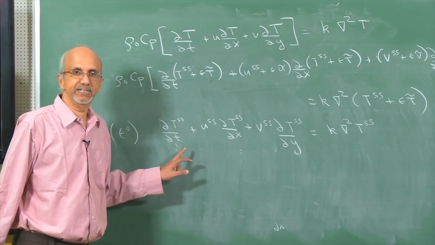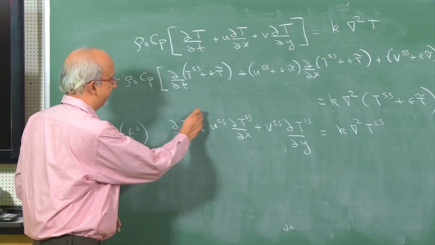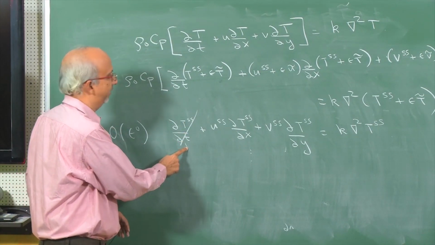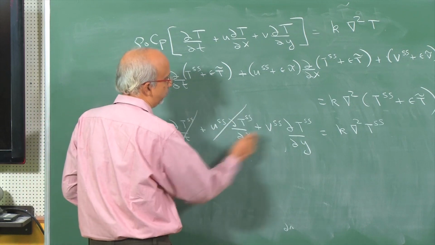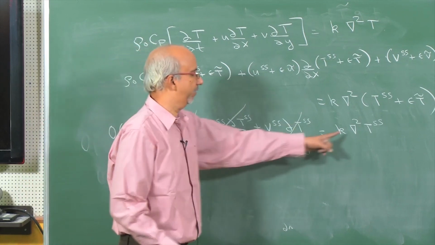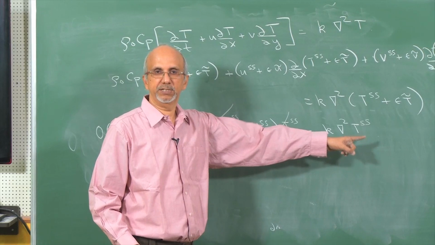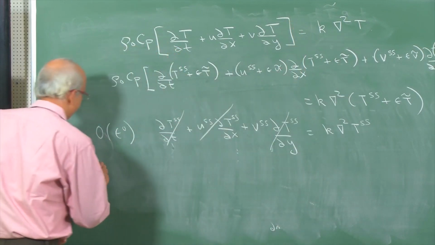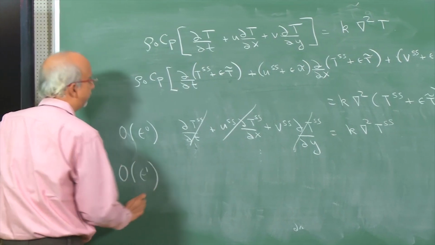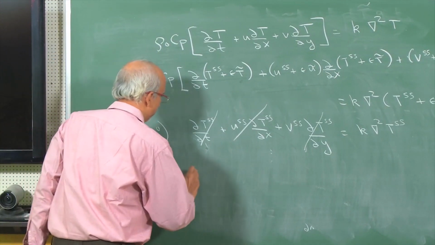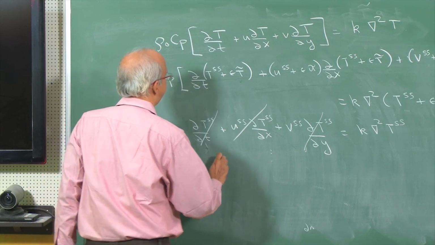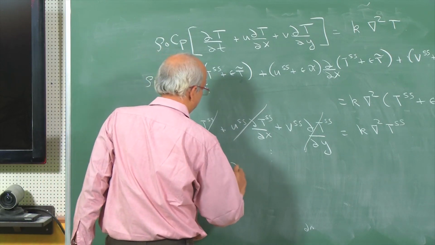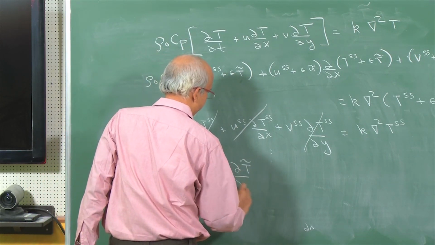And at steady state the TSS time derivative is 0 and USS is 0. So, this knocks off and all I have is k del square TSS is 0 and I get the linear profile, okay. Now, at order epsilon to the power 1, what I have is rho naught Cp into dT tilde by dt.